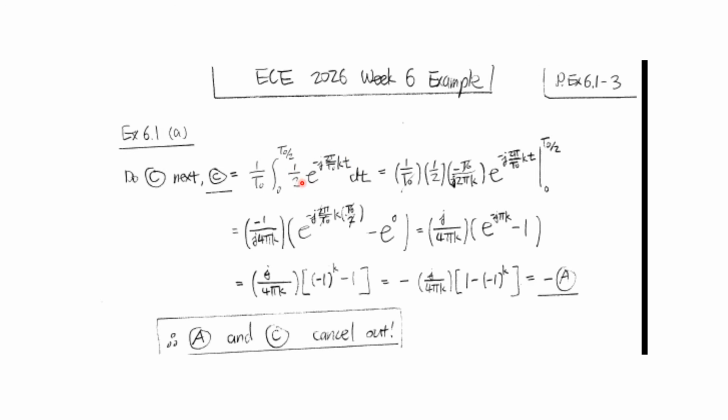The only thing that changes between C and A are the integration limits. So we're going to just write it out like this. We're going to do something similar in terms of pulling everything out, taking the derivative, and then having the exponential with these different integration limits.